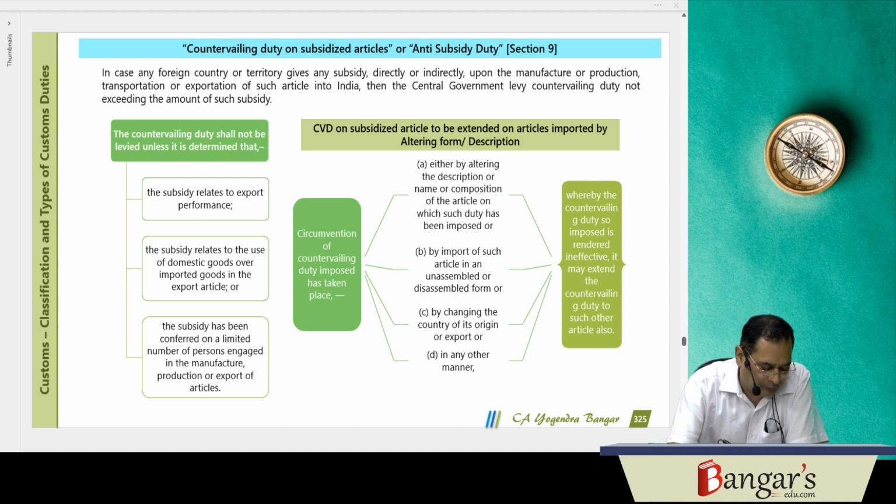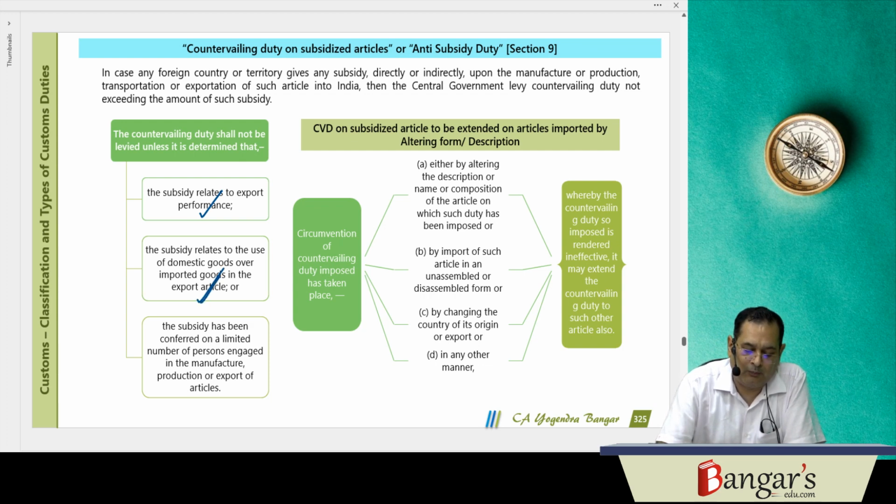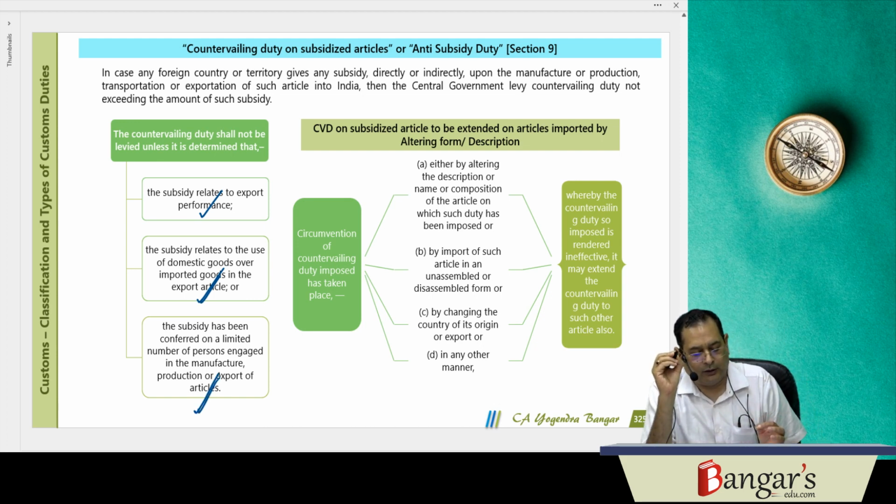So the subsidy must either relate to export performance, relate to use of domestic goods over the imported goods in the export article, or be conferred on limited number of persons engaged in manufacture or production or export of that article.